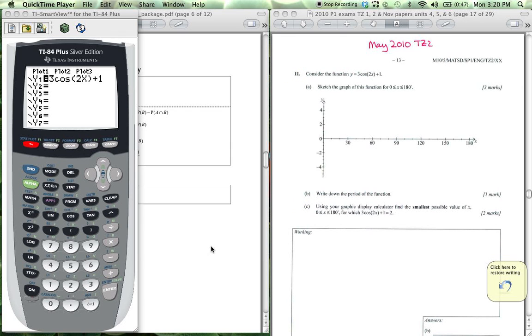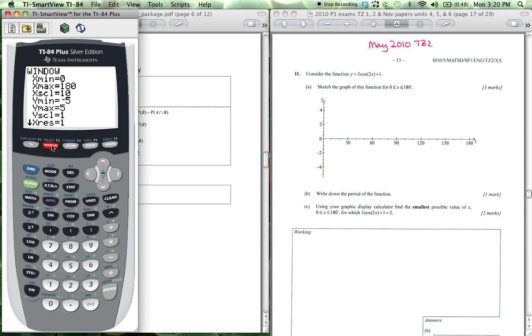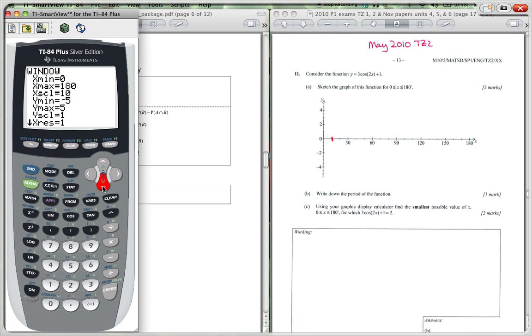I put in the function here, y is equal to 3 cos of 2x plus 1, already in. Notice I've got my window. If you just go to the window here, I have got my x minimum goes from 0, it goes to 180. I've got my scale at 10, so I'm going up in tens here.